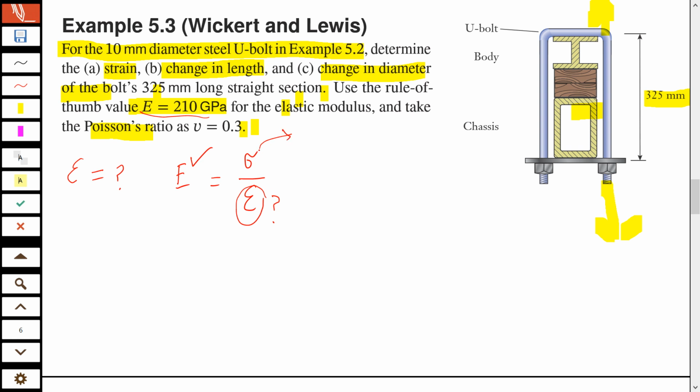And this is something which is not known, but you can work it out. Yeah. So one thing is that I need to work out stress first. So what is stress?